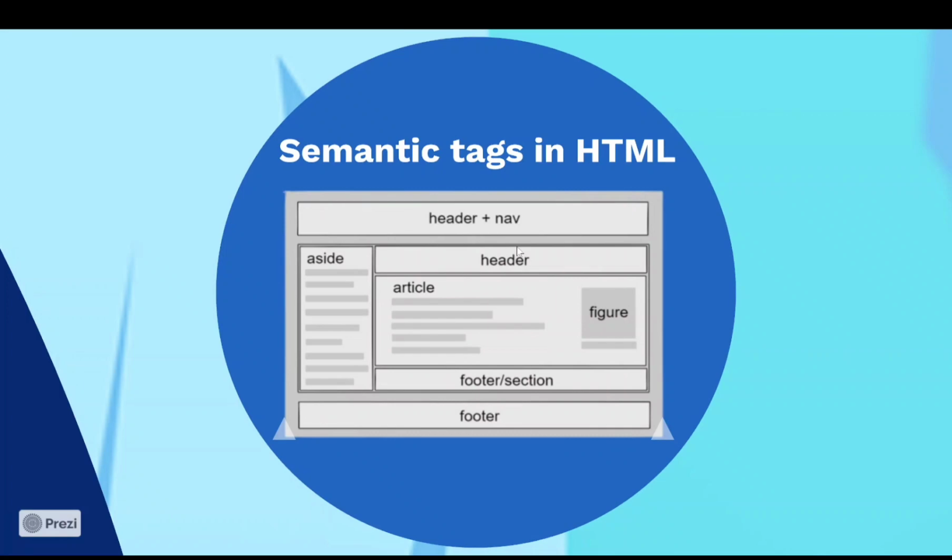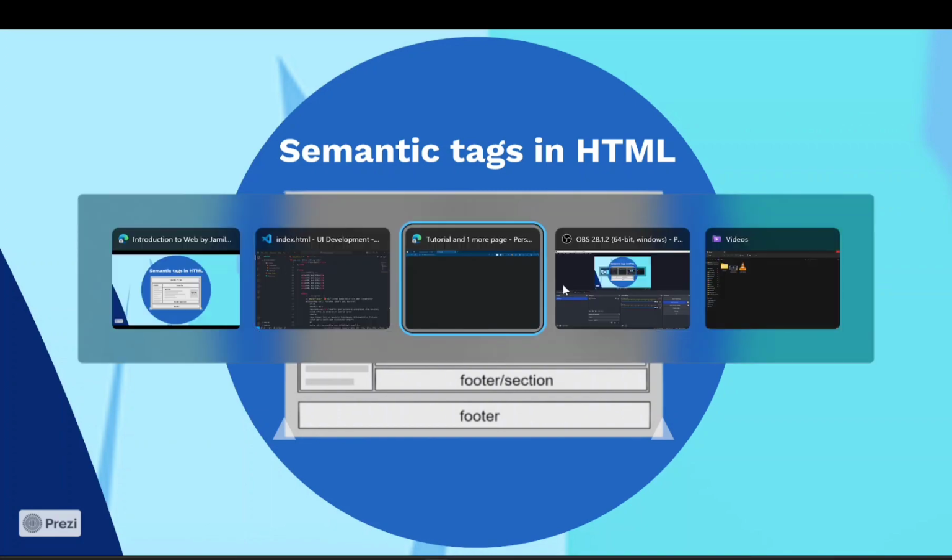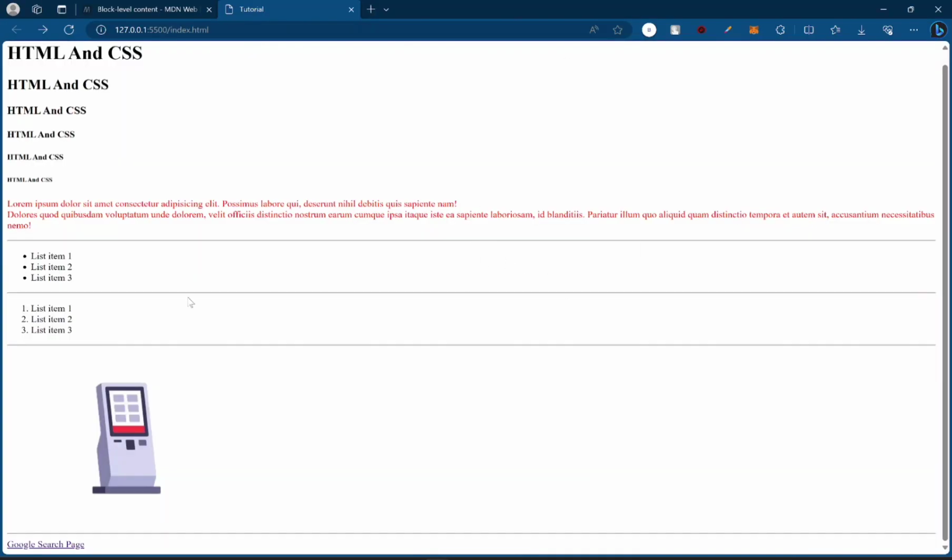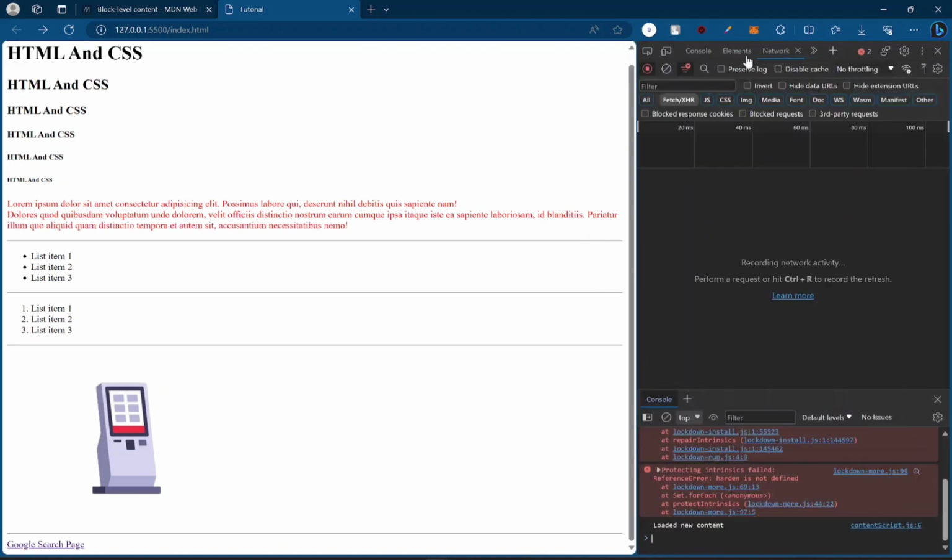So semantic tags are nothing but a combination of tags that basically gives a better meaning to your HTML document. Okay. What do I understand by meaning? All right. So whenever a document reaches the browser, it is parsed by the browser itself.